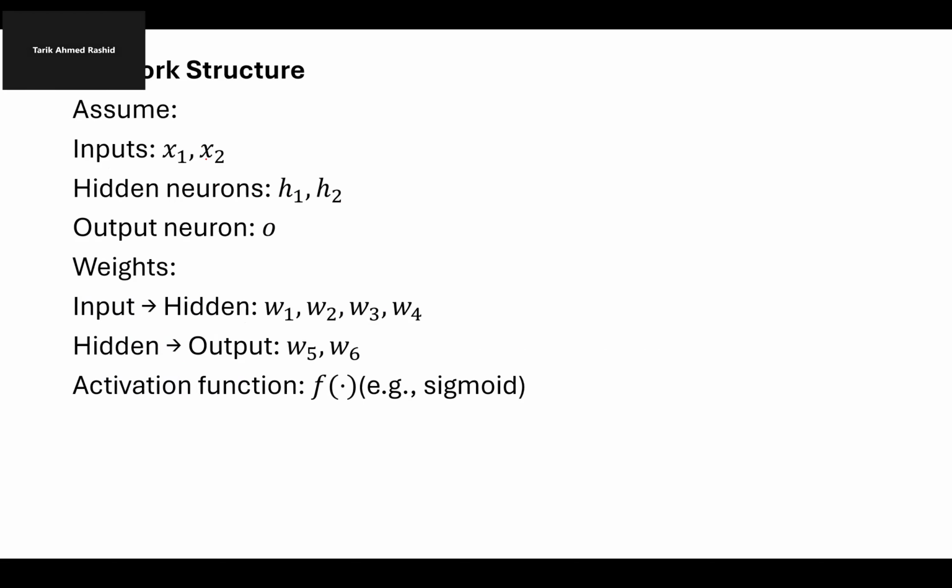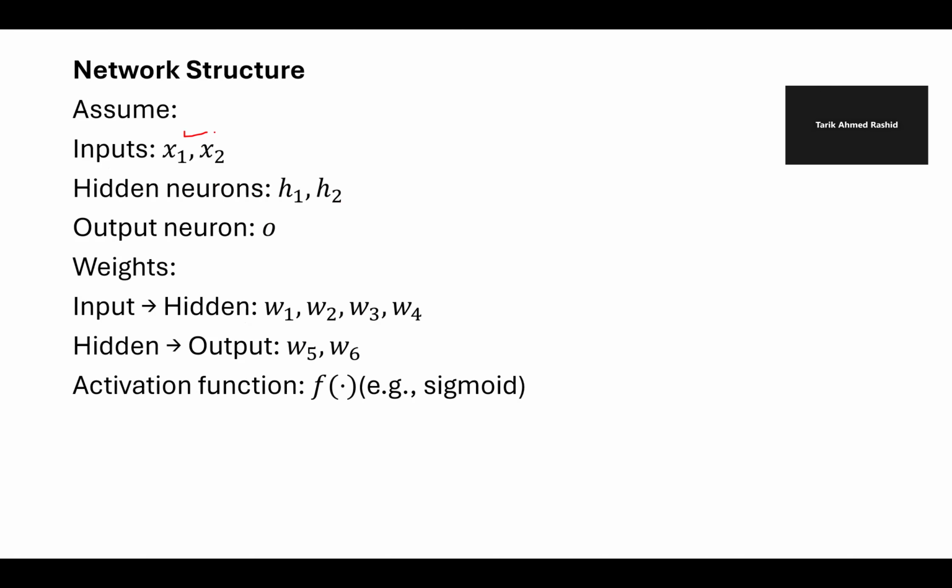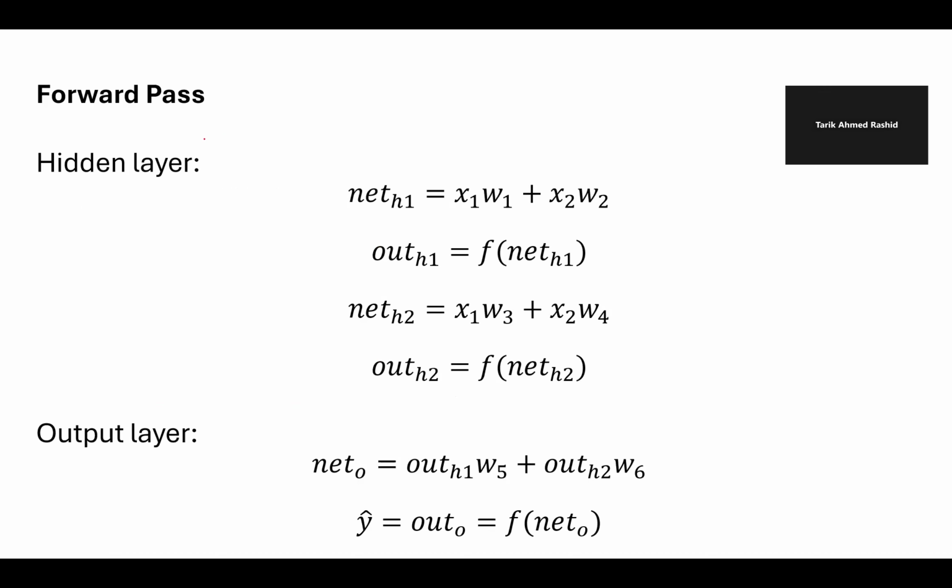Now, if we go to the structure of this network, we have two inputs, two hidden neurons, and one output neuron, with weights for the hidden neurons and weights between hidden and output, and then an activation to normalize the net. Here, the hidden layer net equals the sum of weights multiplied by the inputs for the first layer.